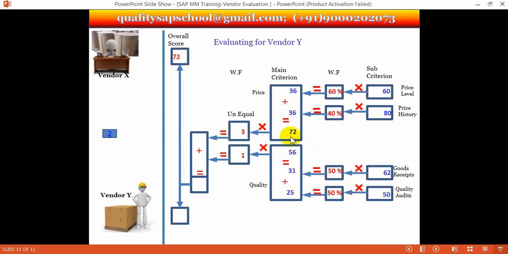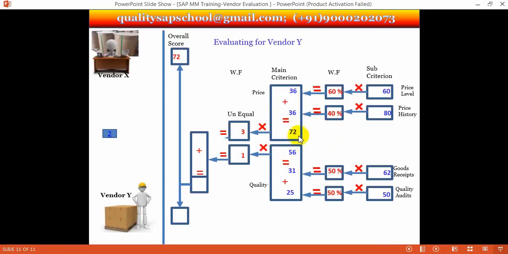So now the main criteria is the sum of these individual sub criteria. This part is from one sub criteria, this part is from another sub criteria. The sum of these individual sub criteria together is a main criteria, 72. From this quality main criteria, 56.